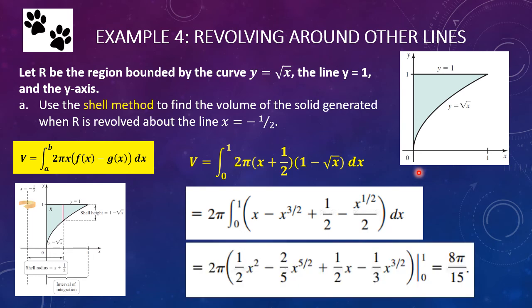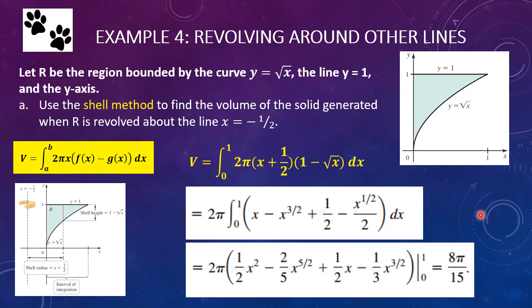Taking the integral, we get 2 pi times 1/2 x squared minus 2/5 x to the 5/2 plus 1/2 x minus 1/3 x to the 3/2, evaluated between the values of 0 and 1. Plugging those in, we get a final answer for the volume of 8 pi over 15.